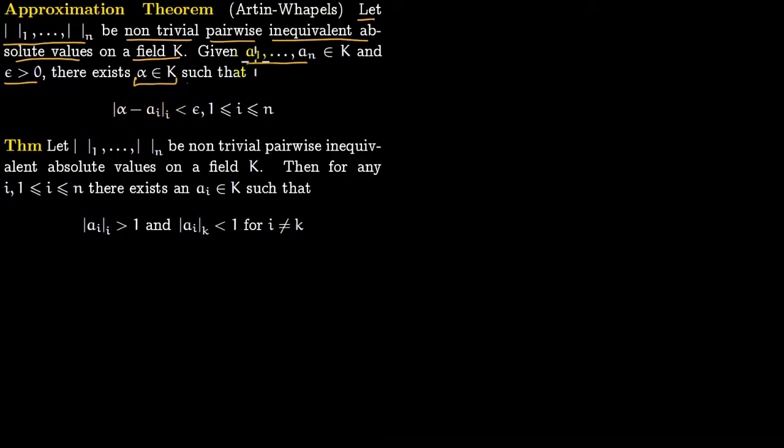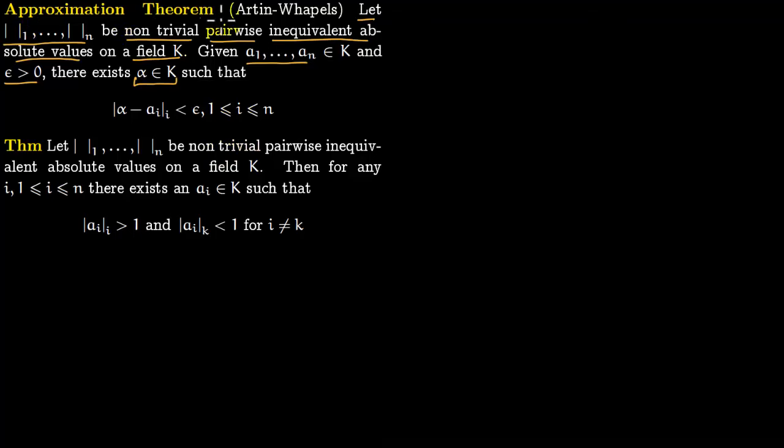So we can approximate all these numbers by a single alpha in all these absolute values, and this is true for all valuations i, so i is 1, 2, 3 all the way to n. So again it is simultaneous approximation of all these elements by a single element using different valuations.